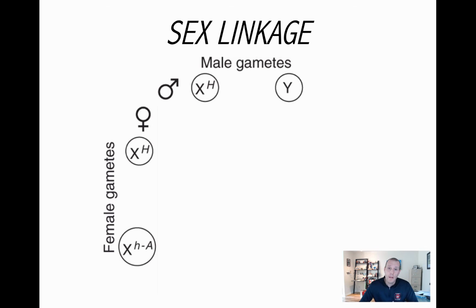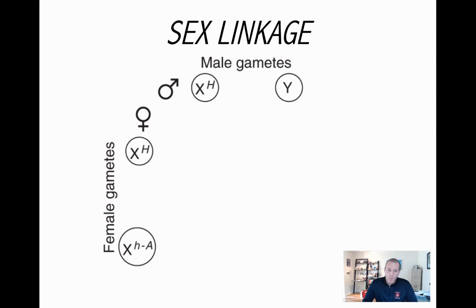She would only be hemophiliac if she had two defective alleles. A male, on the other hand, because you've only got one X chromosome, if he's got the XHA allele, then he has no other X chromosome, so he can't have the normal allele, and so he can't be heterozygous. And so if he's got the XHA allele, then he's going to be a hemophiliac.